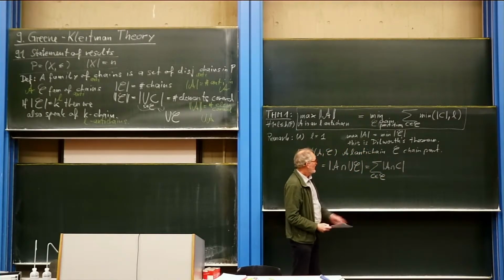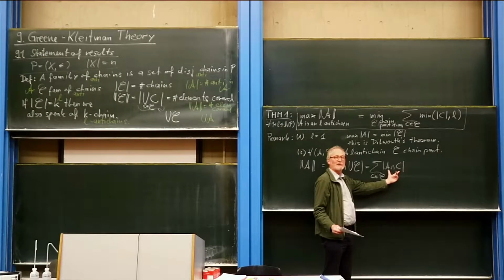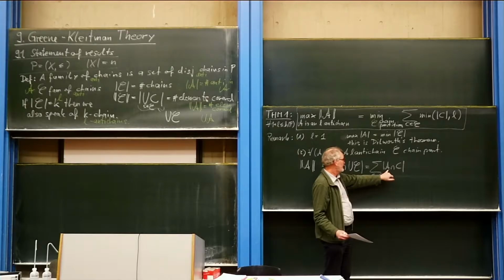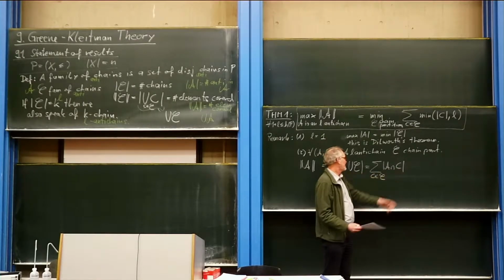Now if you look at this, you have two obvious bounds on this contribution. One bound comes from the size of the chain. It cannot intersect the set in more than the size of the chain. And the other comes from the fact that this is an L antichain, so it can intersect C in at most L elements.